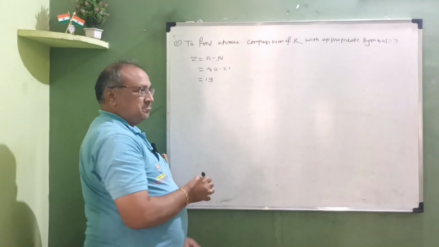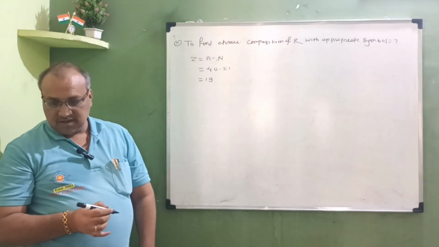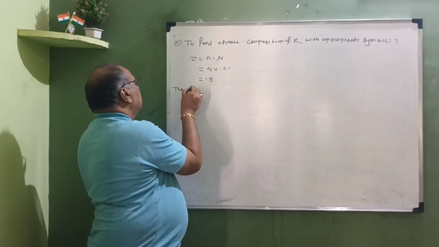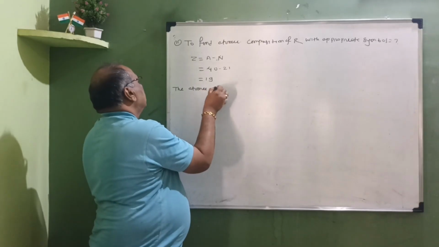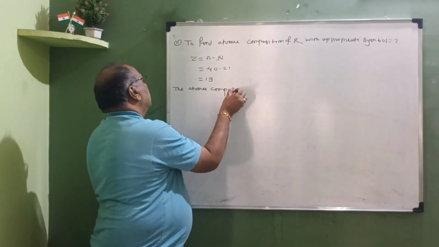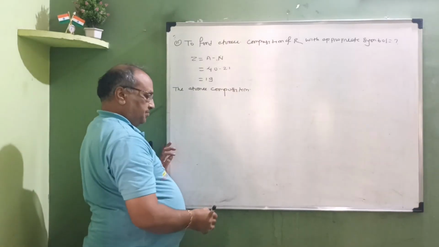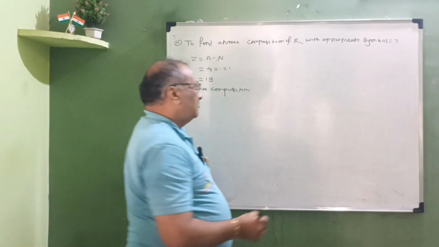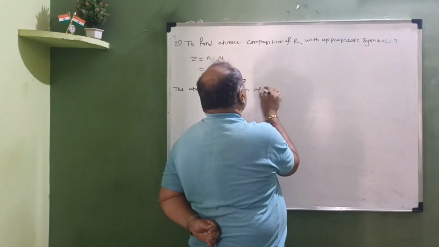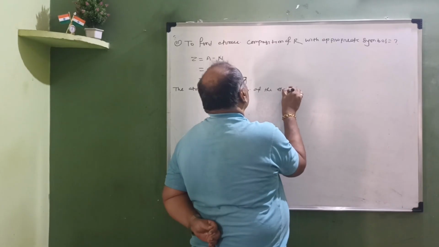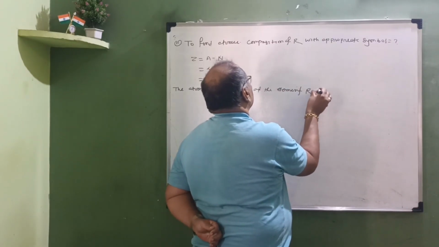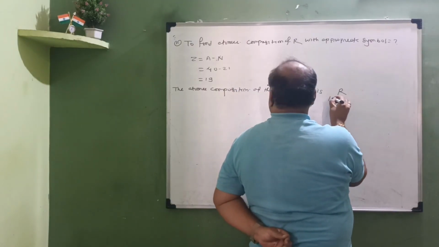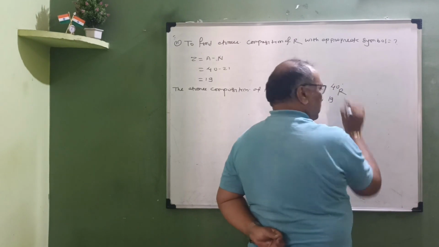That means here the atomic composition of the element R is, here write down 19 and here write down 40.